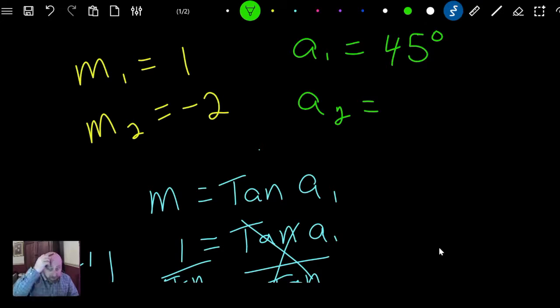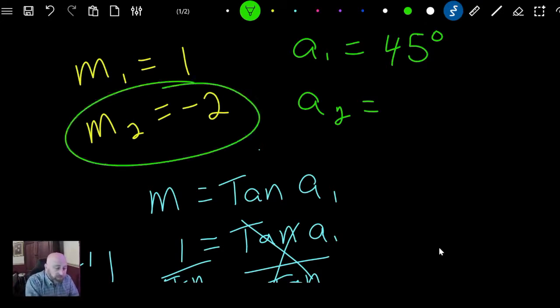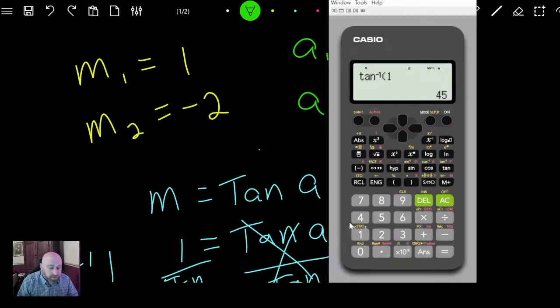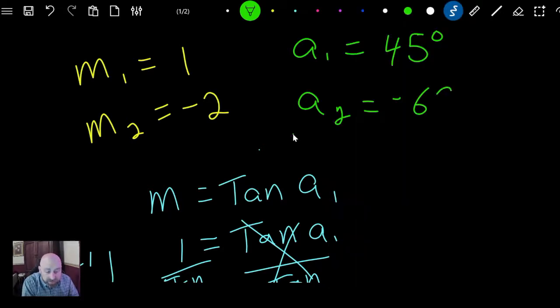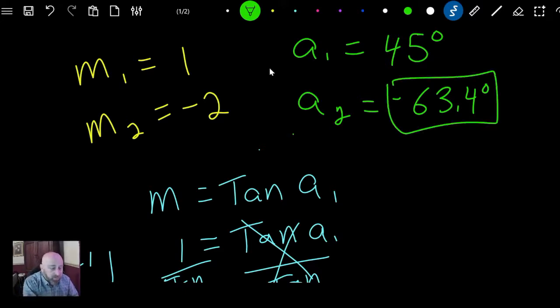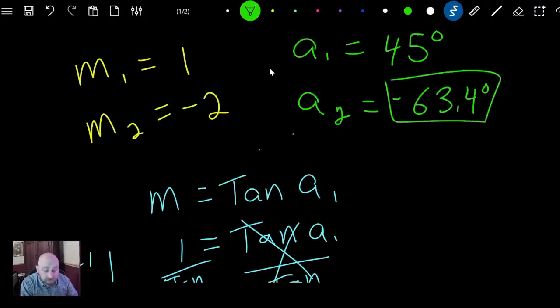Now, we need to find our angle 2. How do we do that? We do the same thing with -2. Come back to your calculator and do tangent -1 of -2, and that gives us -63.4 degrees. If you remember from last lesson, we can't have a negative here, because our angles can only be between 0 and 180. So we need to wrap this into the second quadrant.